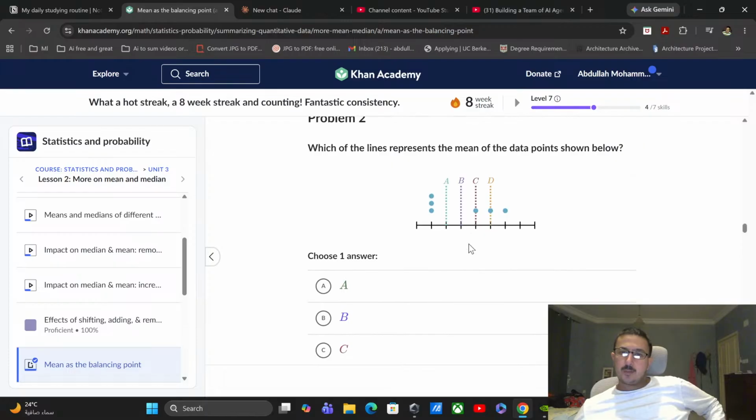I remember it being C, am I correct? C. No, that's 1, 2. B. It's B. 1, 2, 3.